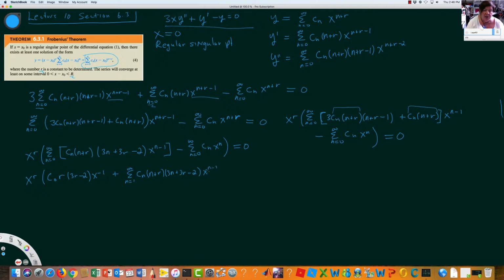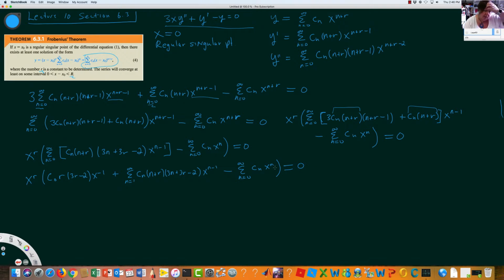And now this starts at x to the 0, as does the other series. So that's nice. You always want to try for that before you start manipulating your indexes and changing to k and everything. Okay, so that is now equal to 0 here.